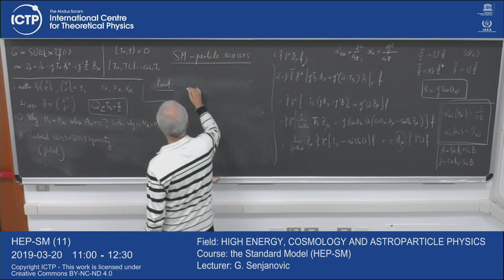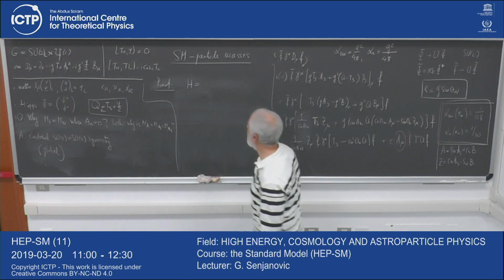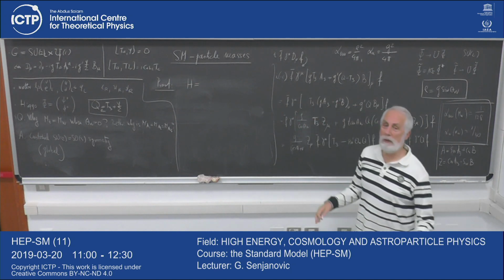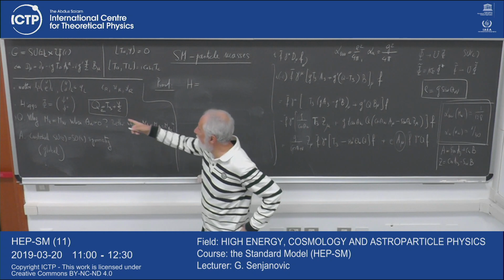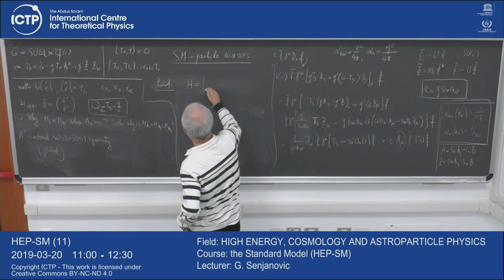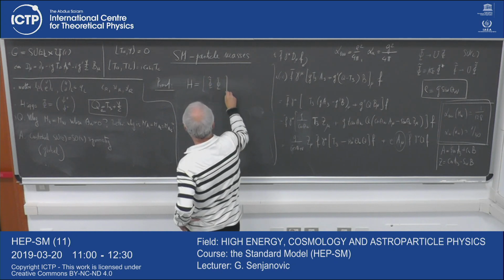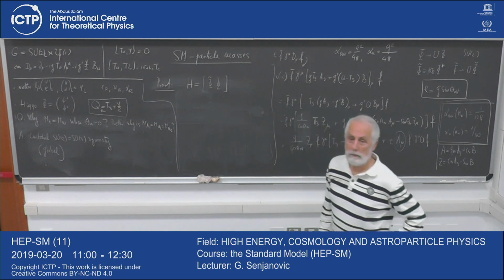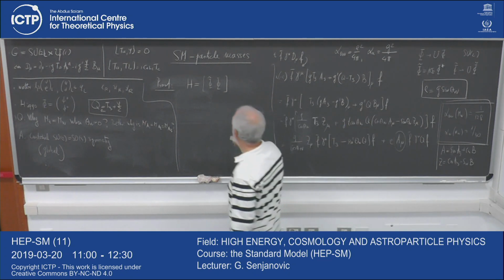Let me introduce the following. It looks stupid at first glance because I've complicated my life, it seems, but it turned out to be very useful. Instead of working with a doublet phi, let me work with the 2 times 2 matrix, which looks like this: phi tilde, phi. What is this?